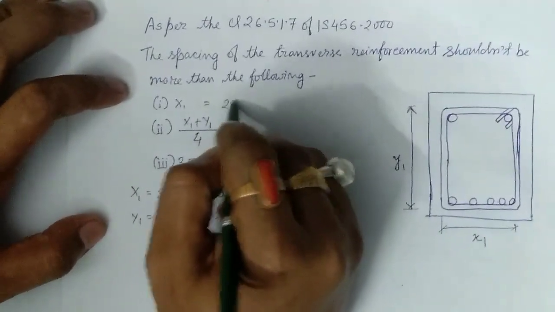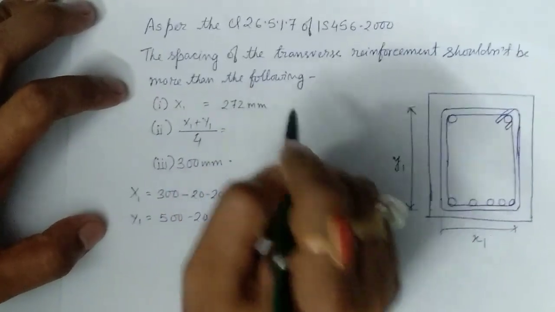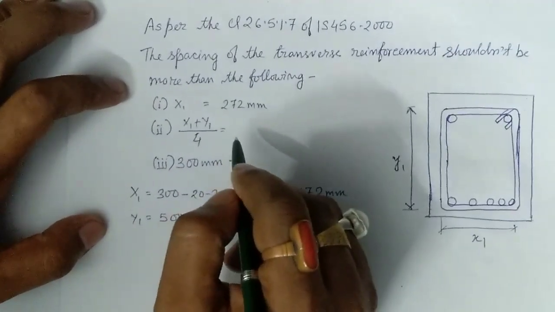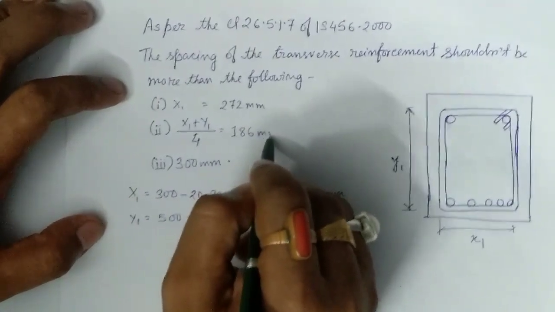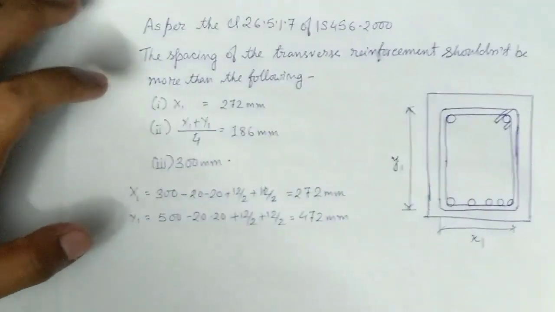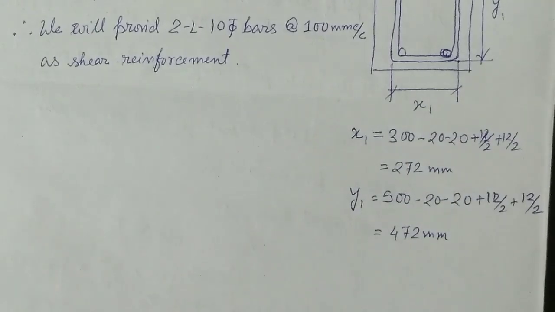So (x1 plus y1) by 4 is 186 mm. Finally, we will provide two-legged Tor bars at 100 mm center to center spacing as transverse reinforcement or shear reinforcement.